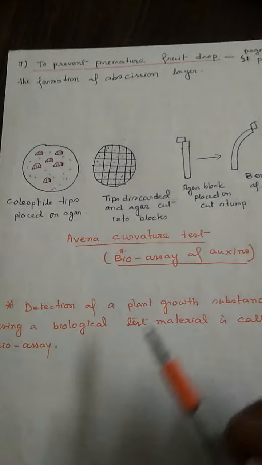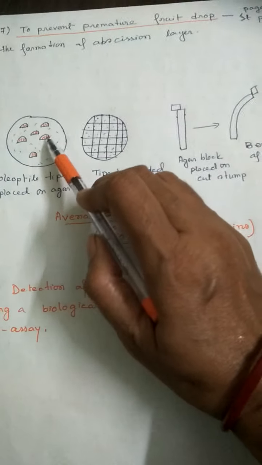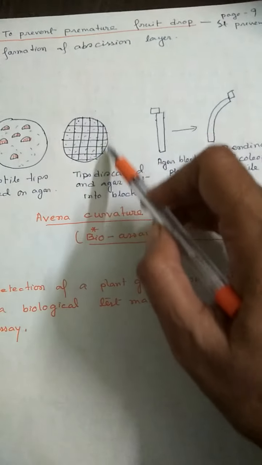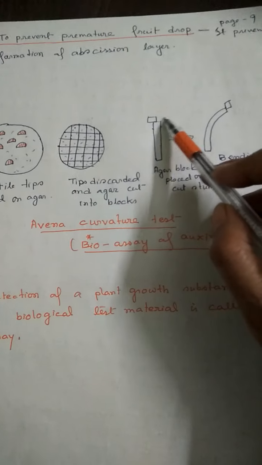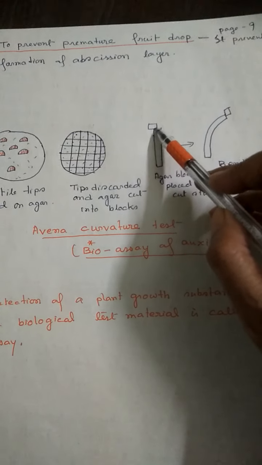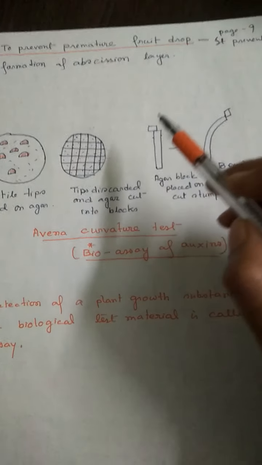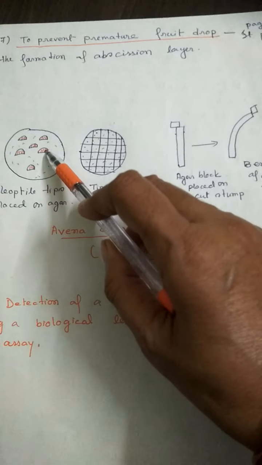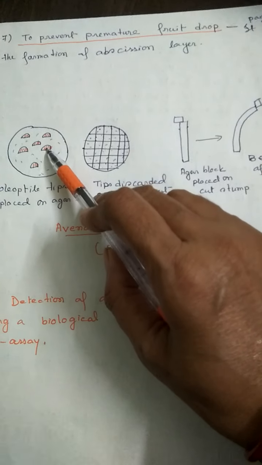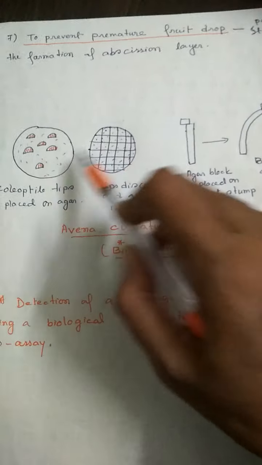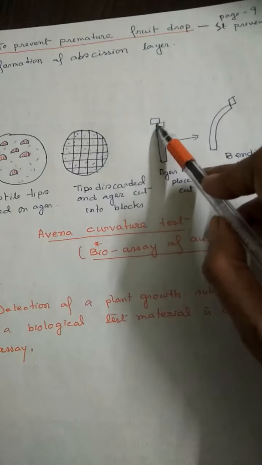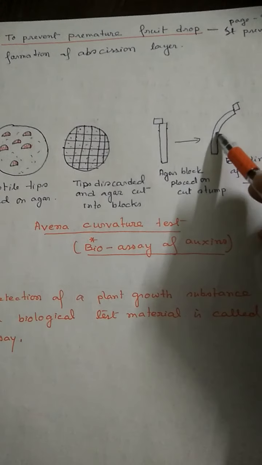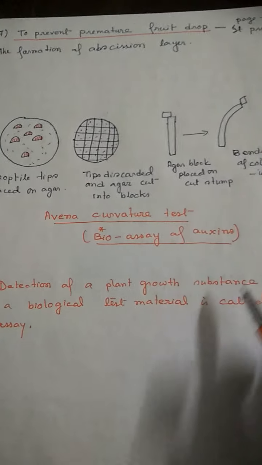The tips of the coleoptile are placed on agar. After that they are removed and the agar blocks are cut into pieces. A piece is placed on a coleoptile whose tip has been removed, and still it will show the curvature. This means the chemical substance present in the tip of the coleoptile is absorbed by the agar, and when that agar is placed on the cut tip of a coleoptile, the chemical passes into the coleoptile, due to which curvature is formed. So this is one of the bioassays.